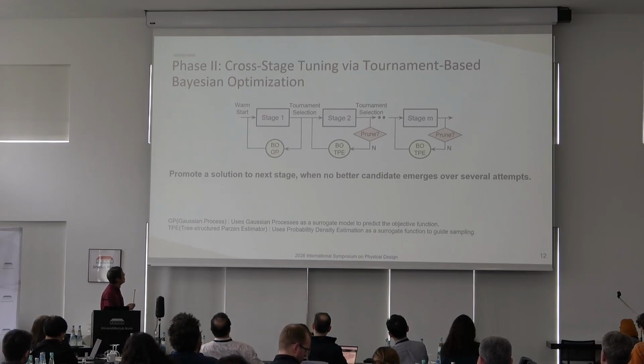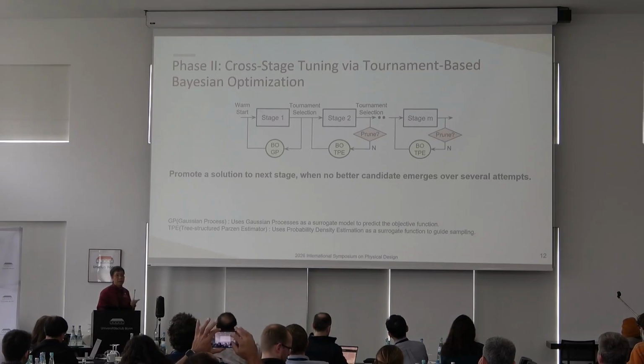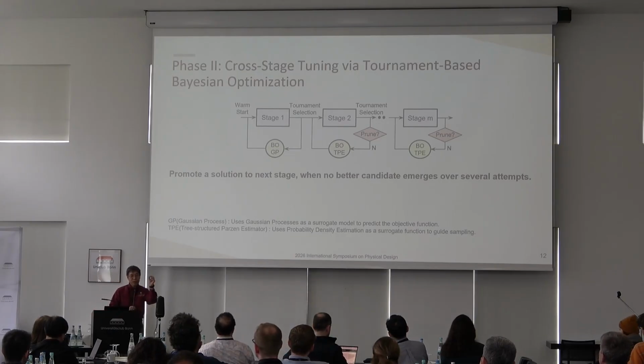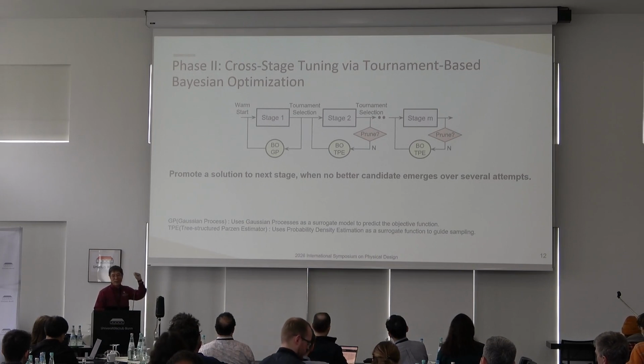Besides the Gaussian process, we also use this tree-structured Parzen estimator. And this one is better to handle those discrete spaces. Then for each stage, we may choose a different surrogate model. Then the question is in which stage you choose which surrogate model. We let a large language model make the call here.